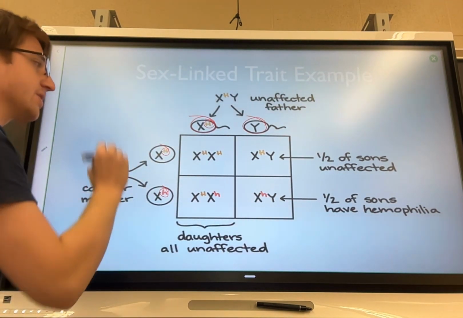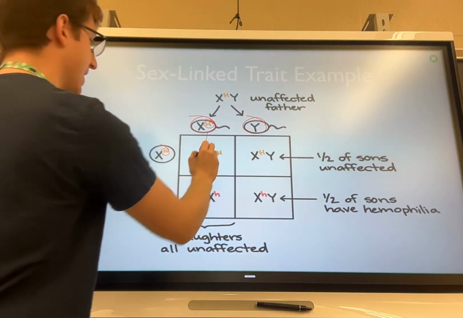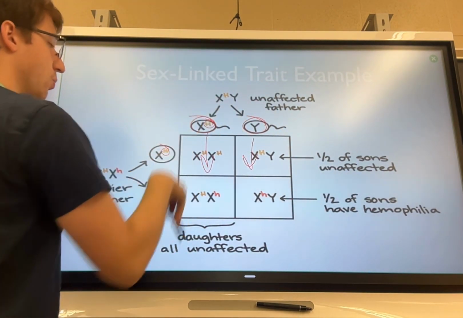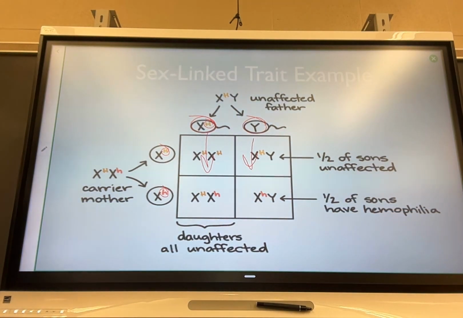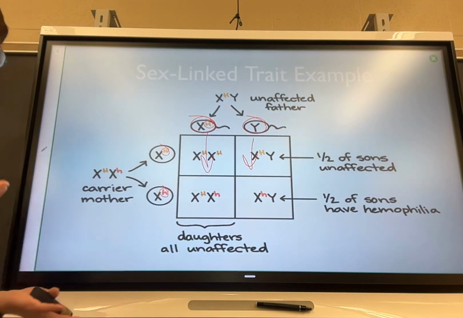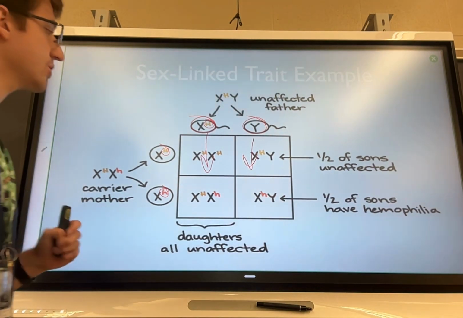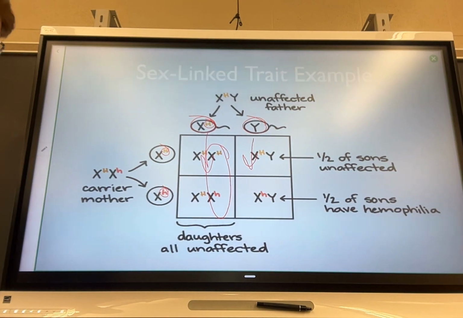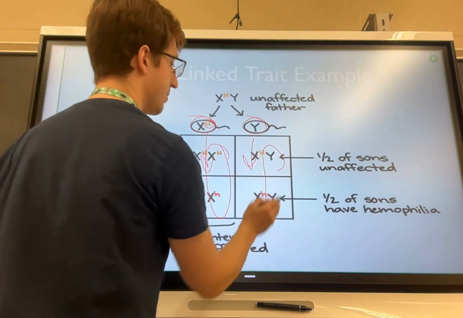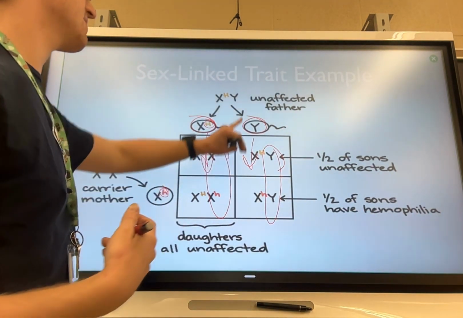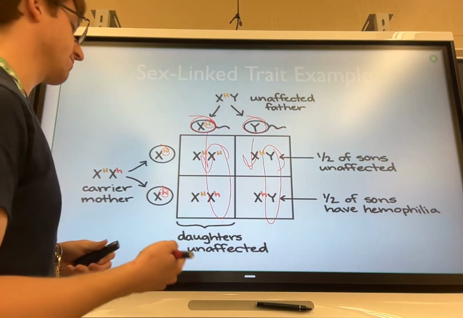Whenever we cross them, we take both the X and the trait and move it across, or the Y and move it down. Y's do not get the trait. You can see we have a 50% chance of getting a girl and 50% chance of getting a boy. Whether or not something is going to be affected depends on whether or not it has, in this case, this recessive trait.